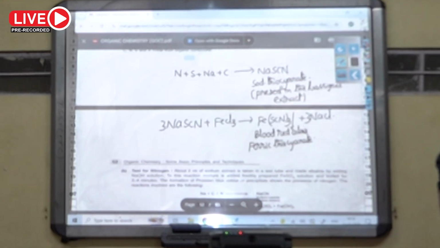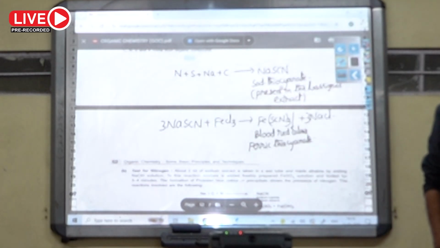So actually in the detection of phosphorus, we don't use Lassaigne's extract, we directly take the sample. Write the first point. Given sample plus sodium peroxide, Na2O2.